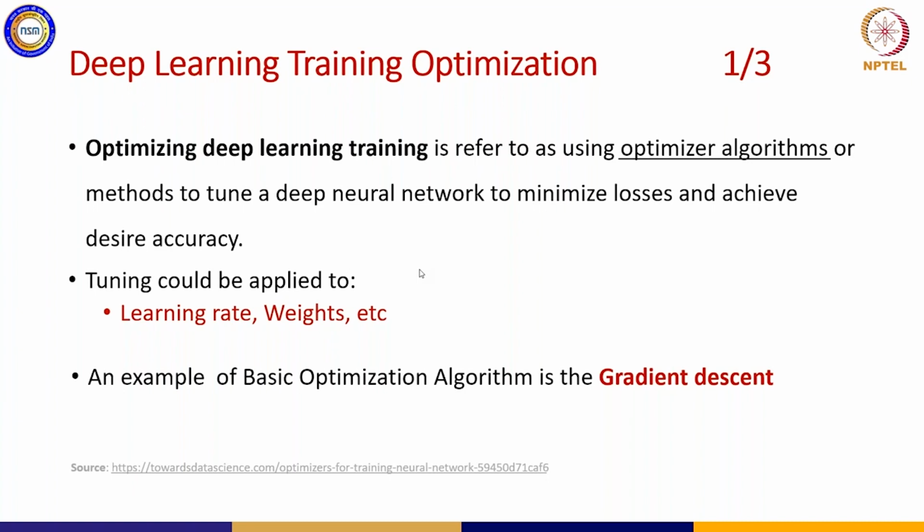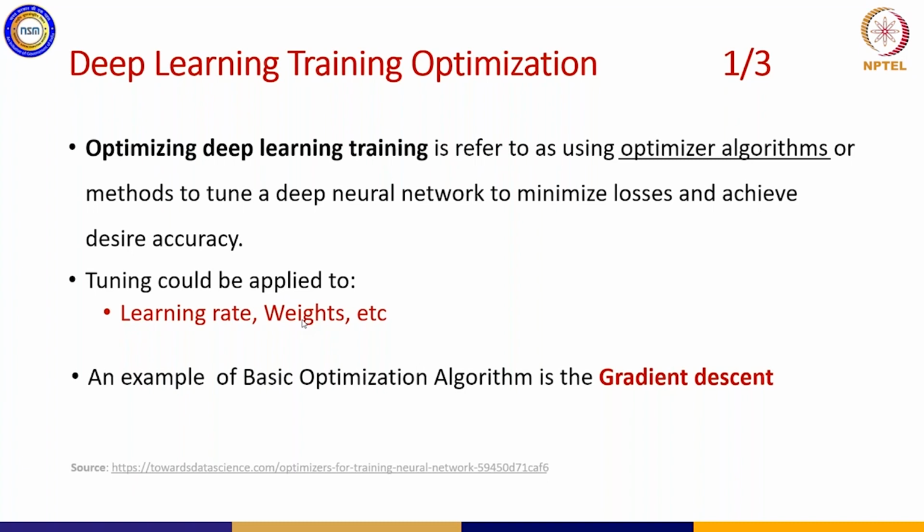What is actually being tuned in the deep neural network are the learning rates and the weights, and there are other parameters which are also being tuned, like the batch size. An example of an optimization algorithm is gradient descent.